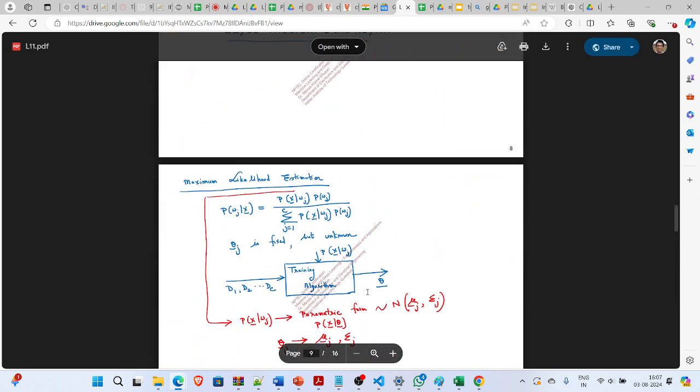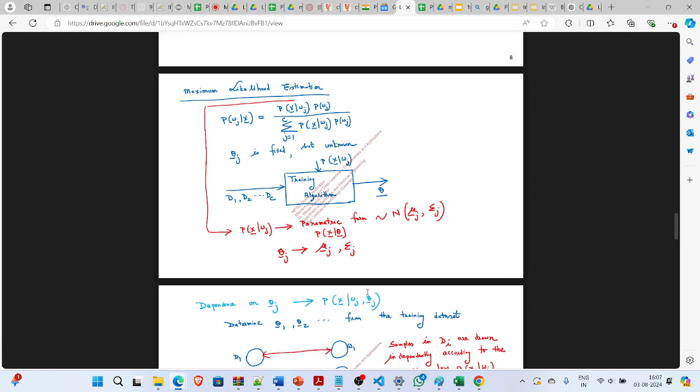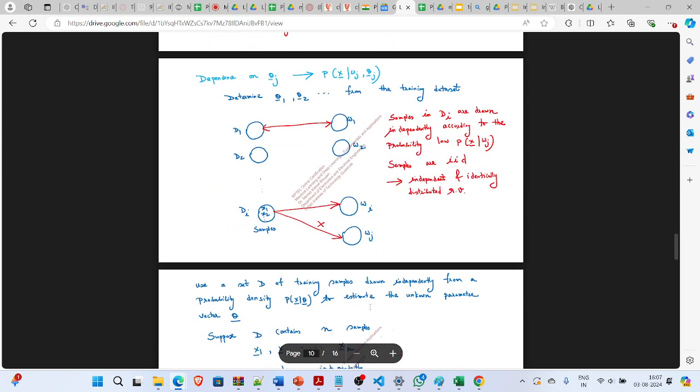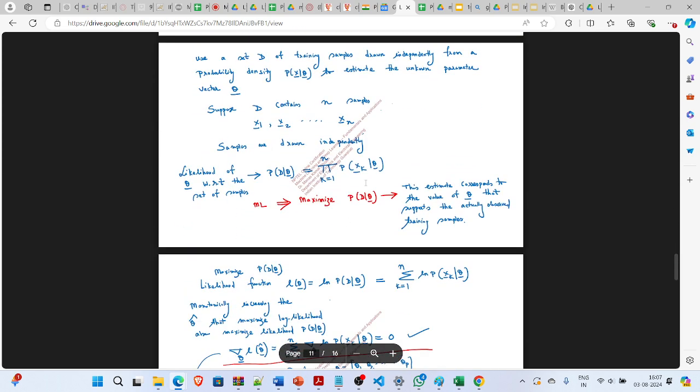To write the MLE, for the independence condition this product is coming, and the other term is the occurrence of the sample given that parameter. The parameter is the value that we need to find, so it is variable, so it is a function of theta.